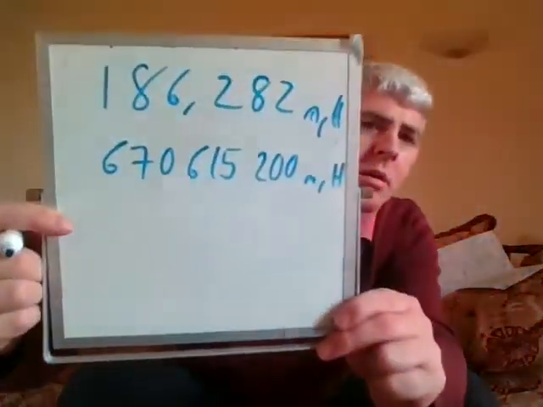Because what I do is I times that 186,282 by 60 to get it into a minute, and then times it by 60 again to get it into the hour.